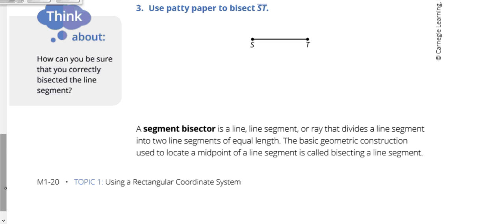When you construct a perpendicular line to any segment, it doesn't always make a segment bisector, but this book tends to go down that road. So basically, a segment bisector is a line segment or ray that divides a line segment into two equal lengths. So to find the midpoint of a line segment, you're actually bisecting that line segment.